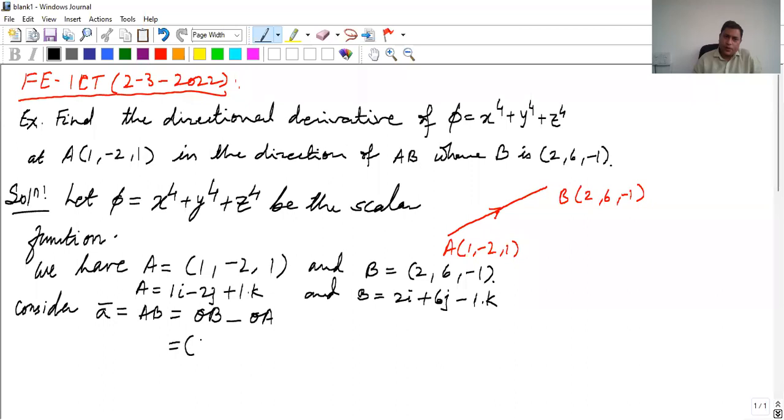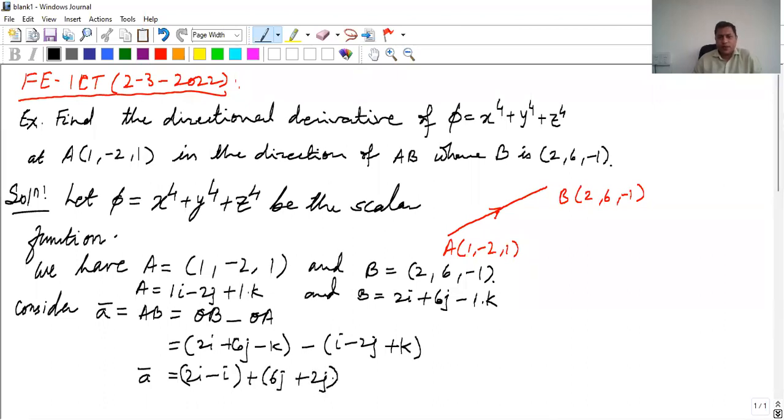Now this is equal to 2i plus 6j minus k, minus (i minus 2j plus k). If we simplify this, we have 2i minus i, plus 6j plus 2j, minus k minus k. So what we get here is i plus 8j minus 2k.